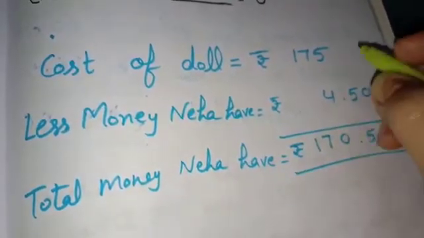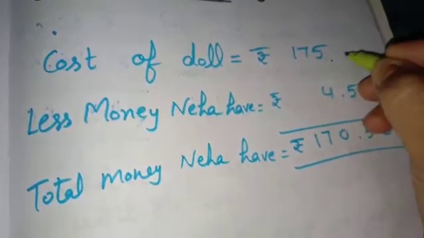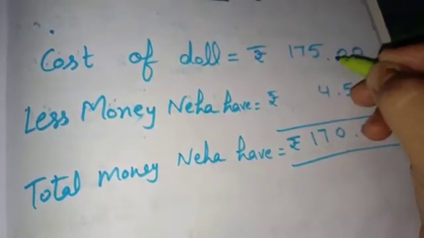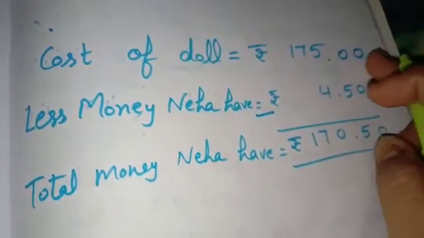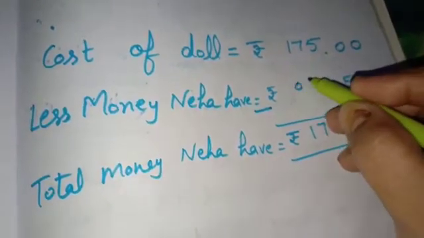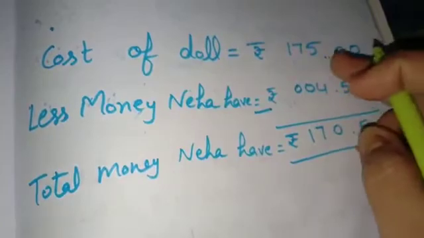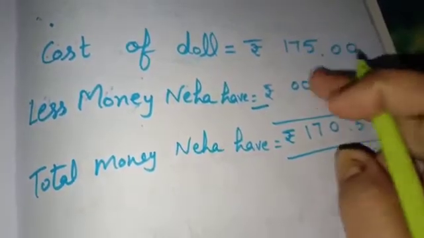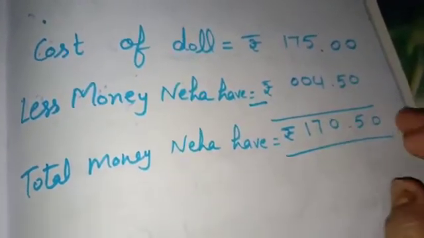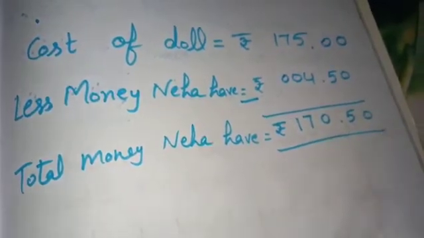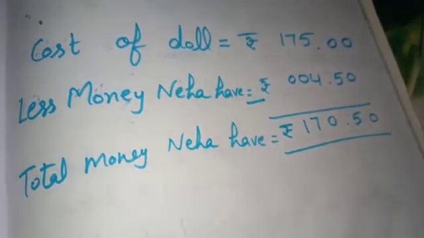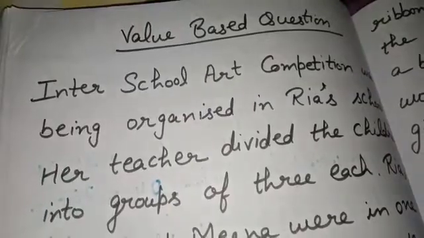Total money Neha has means we will subtract, but before subtraction add the point and zeros, put the sign of minus, and then subtract. It's 0, 0, then 0 minus 0, 10 minus 5, 4 minus 4, then 7, and then 1. It means the total money Neha has is rupees 170.50.